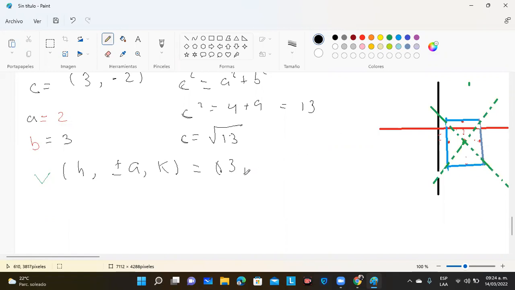We have this one as 3 plus or minus a, that is 2, and k is equal to minus 2. So we are going to have two vertices. One vertex is going to be at 5, comma, minus 2, and the other vertex is going to be at 1, comma, minus 2.